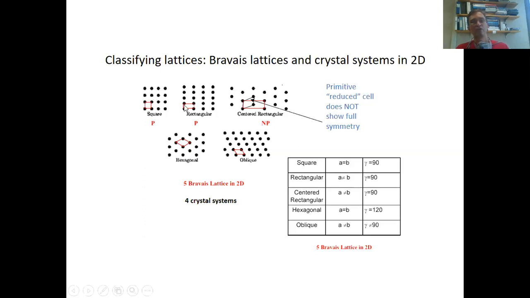Okay, so now we can lower the symmetry of our lattice further.